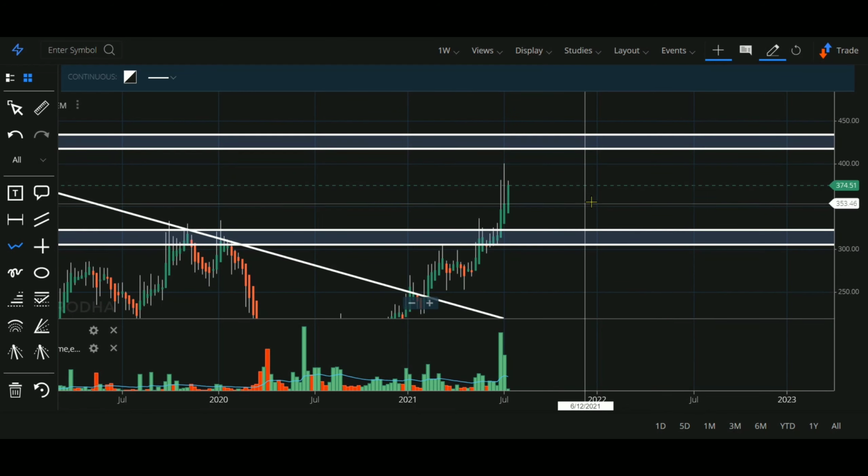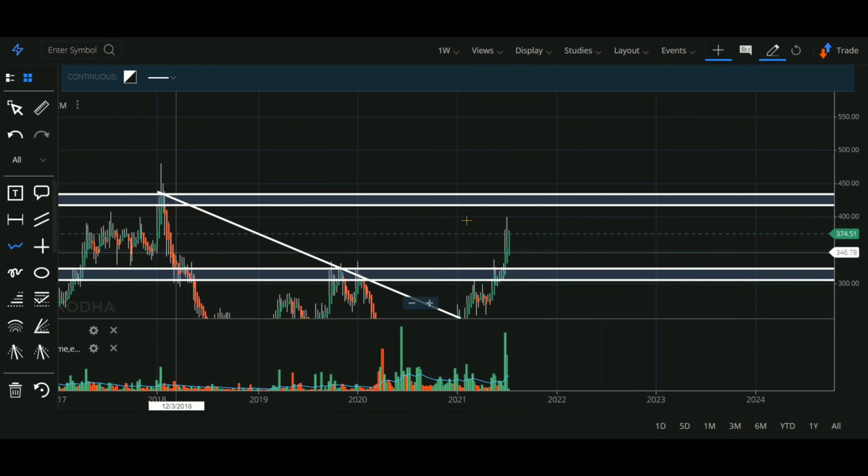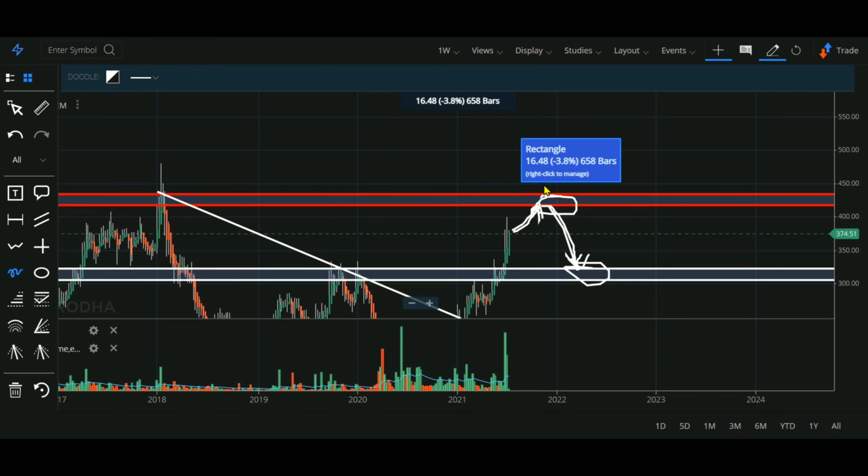And now what could possibly happen? I'm going to talk about that. So one thing is that this price could go up till here and then take a support over here, and then go down and take a support over here. So it goes up, it takes a resistance, and then it goes down, it takes a support. This could happen.